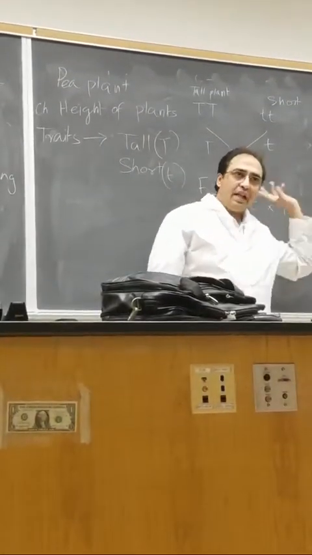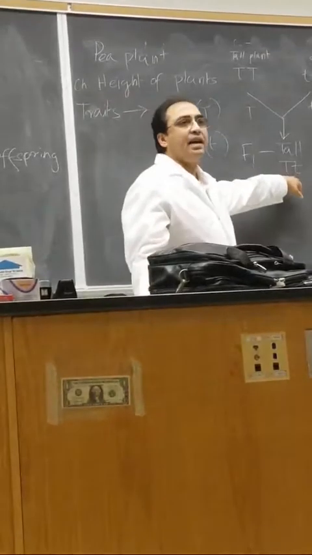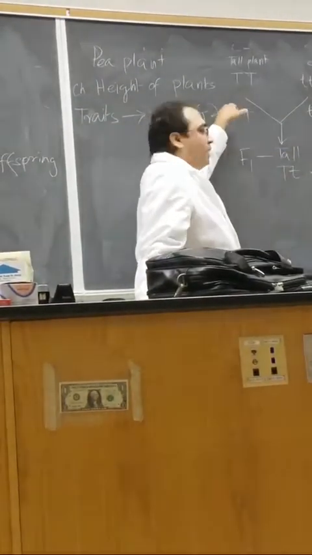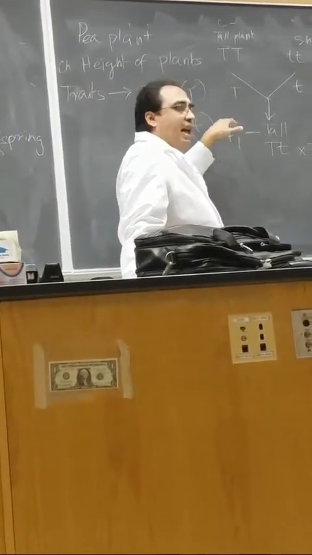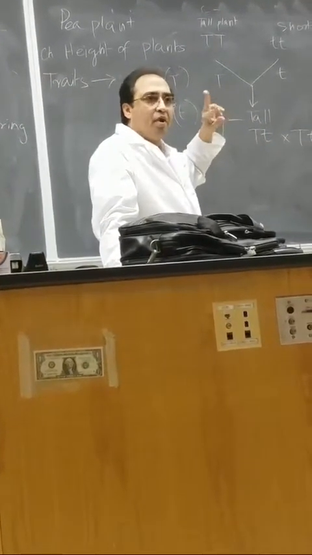So due to this result, he concluded that one character is dominant over another. Here the tall character is the dominant character and the short character is the recessive character. So, the concept of dominant and recessive.